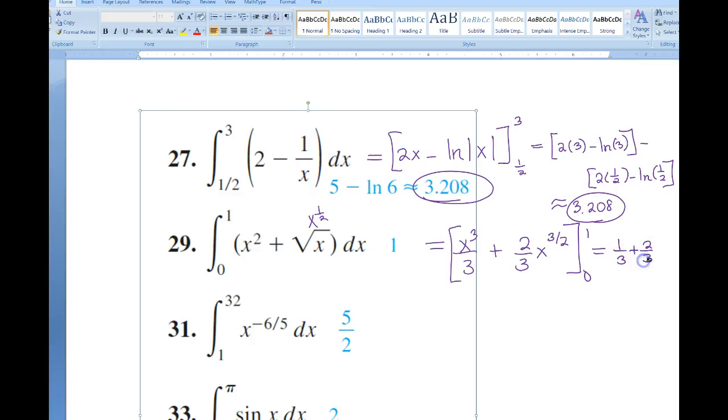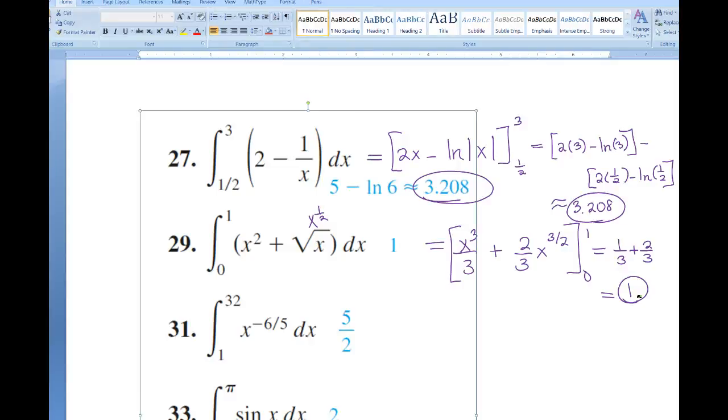I'm a little bit confused. You're confused on how I got x to the third over 3 or the 2/3 x to the 3/2? Okay, so if I have x to the 1/2 and I add 1 to that, it becomes 3/2.